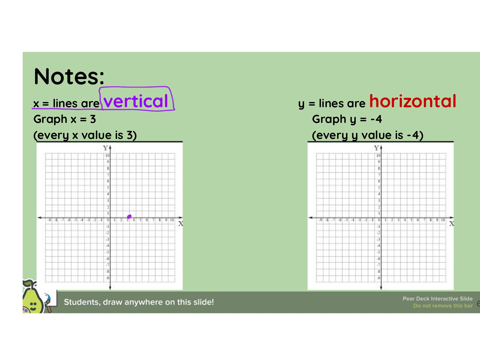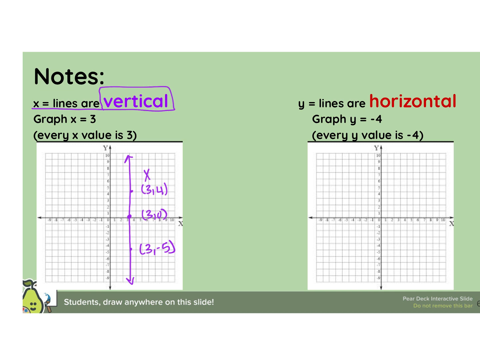And then I'm drawing a vertical line right there because this means all of my x values are 3. So I can have the point 3, 0, or the point 3, 4, or the point 3, negative 5, right? All of the x's are 3. So it's making a vertical line.